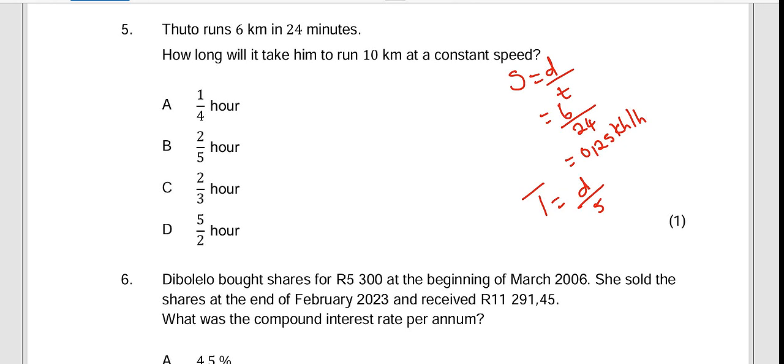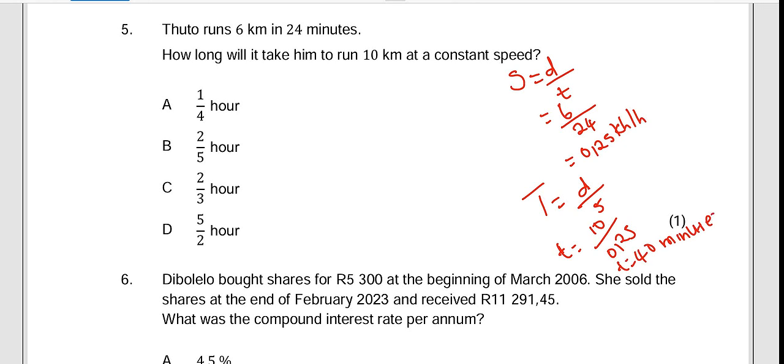So T is going to be 10 over 0.25, and then T will be 40 minutes.